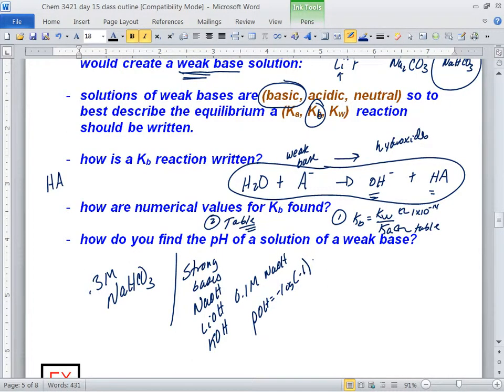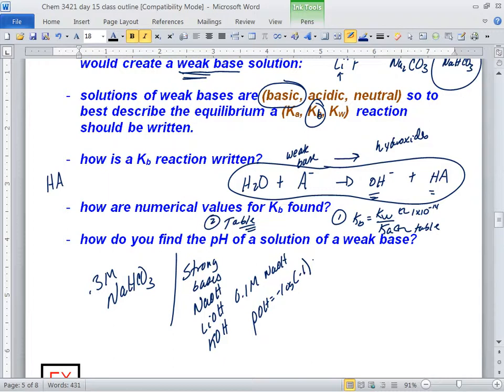Right, so we get our answer. And then you get pH from the equation, what relationship? pH plus pOH is 14, and that's how you get the pH. Okay, so this is where the easy ones are for bases.